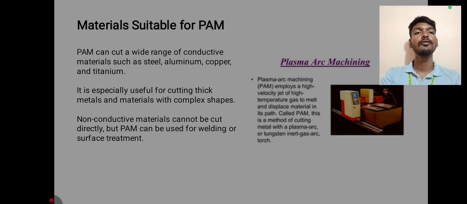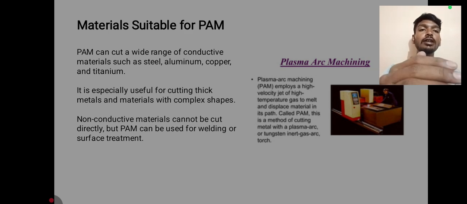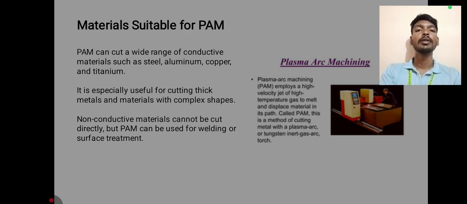Materials suitable for plasma arc machining: we can know in this slide for which materials we can do plasma arc machining. It can cut a wide range of conductive materials such as steel, aluminum, copper, and titanium.